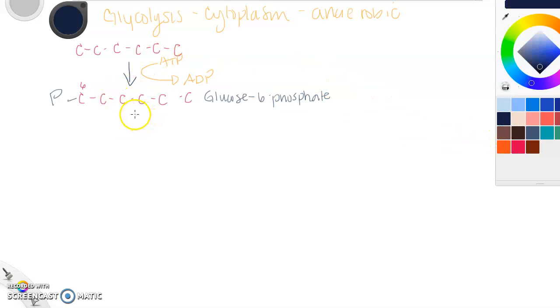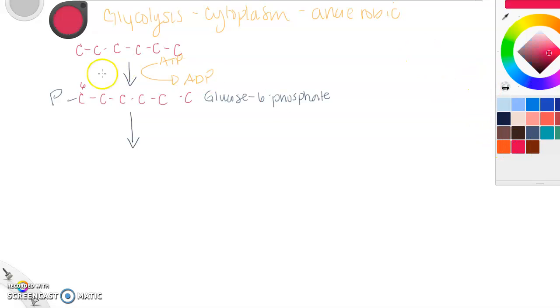From there, it gets converted to something called fructose 6-phosphate, and from fructose 6-phosphate, it is converted to another molecule where we add another phosphate to it.